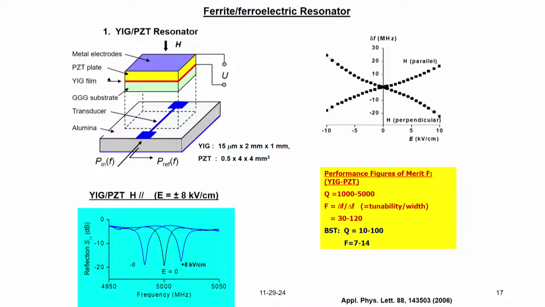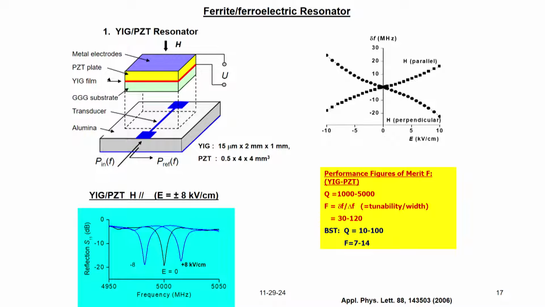So, what is shown here in the bottom profiles is the reflected power, in this case as a function of frequency. The ferromagnetic resonance would show up as a sharp dip in the reflected power. That is because under ferromagnetic resonance, the sample, in this case the YIG film, would absorb power.